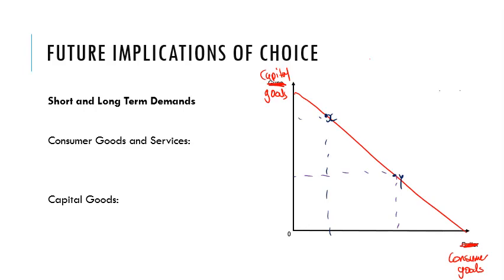So consumer goods are things we can use immediately. We can be satisfied by it. But we can also have capital goods where we experience long-term benefits.